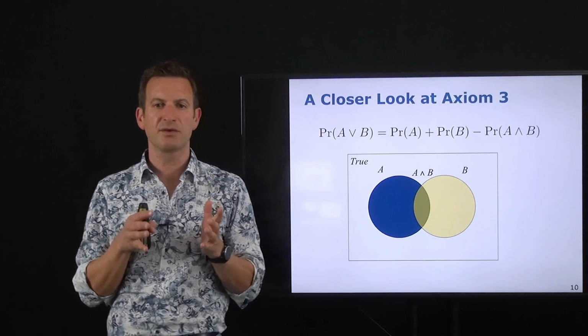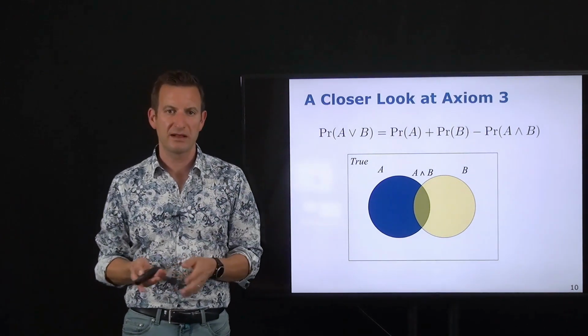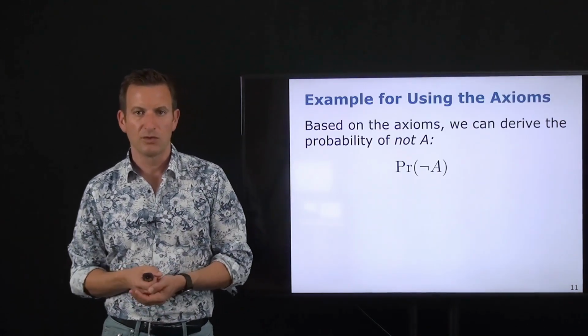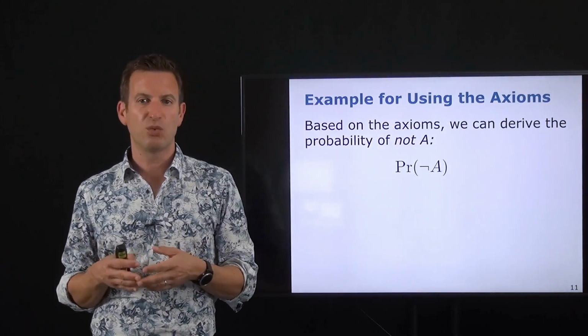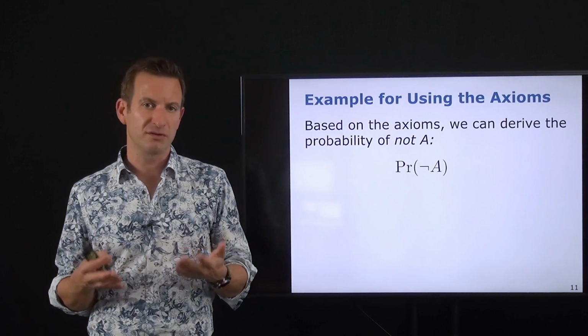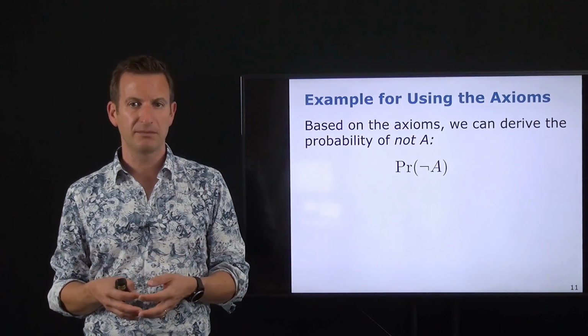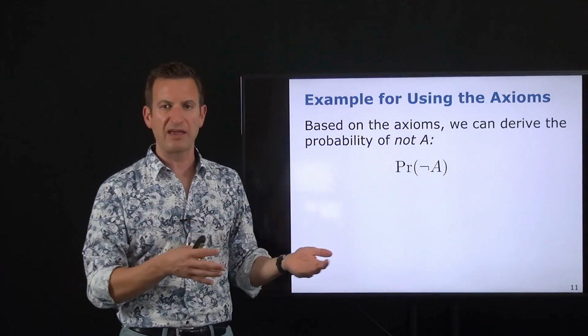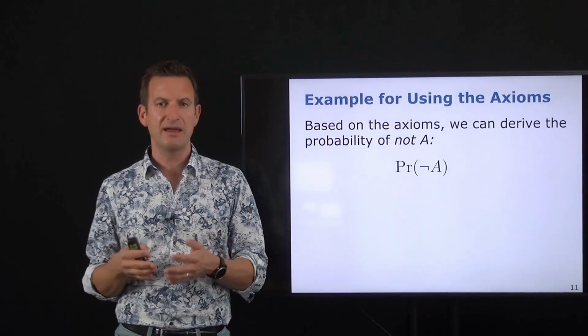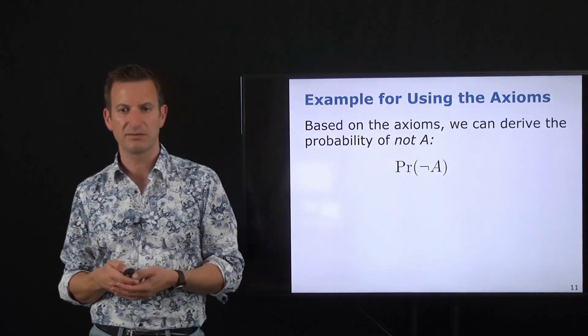And this is basically a visualization of this axiom over here. And basically we can start from those axioms and derive everything else from those axioms. So for example, just as one small example, we want to derive what the negation of A means, so not A. So what is the probability of not A? And now we want to use those axioms to derive what not A actually means in terms of probabilities.